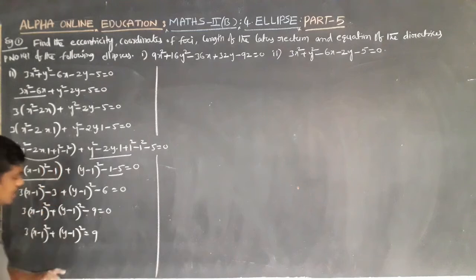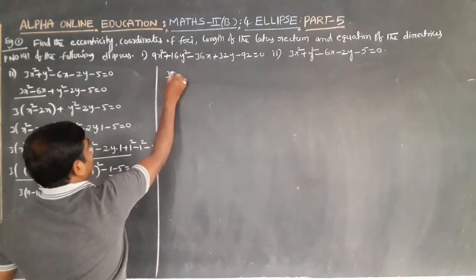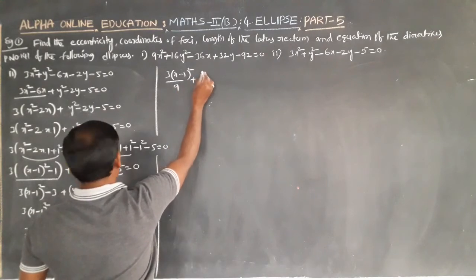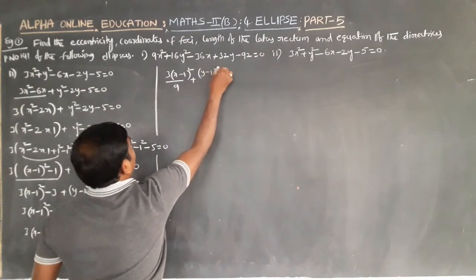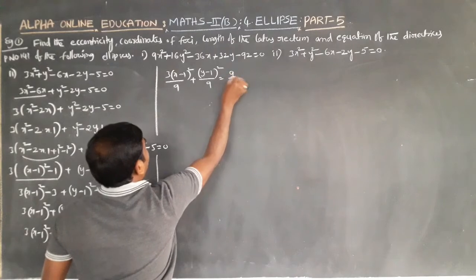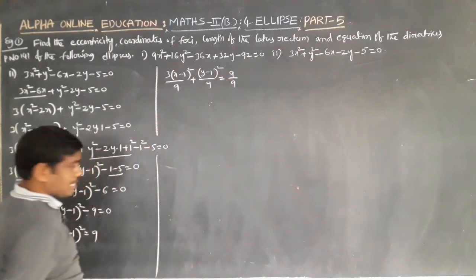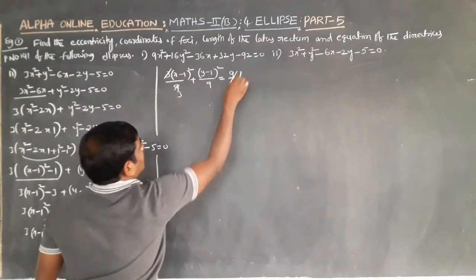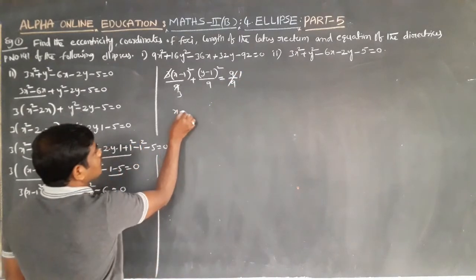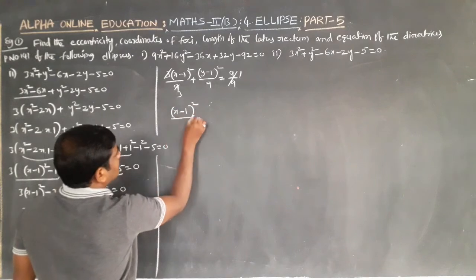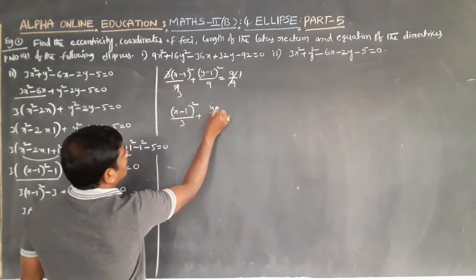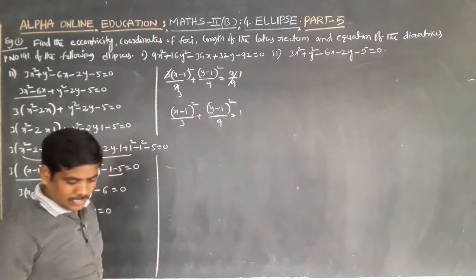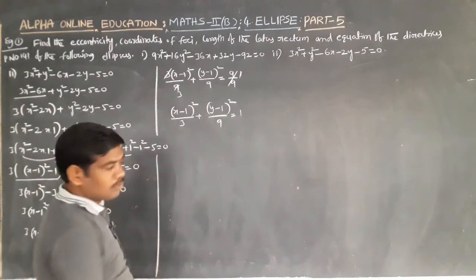Dividing both sides by 9: 3 into (x minus 1)² by 9 plus (y minus 1)² by 9 is equal to 9 by 9. 3 ones are 3, 3 threes are 9, 1 nine is 9. So (x minus 1)² by 3 plus (y minus 1)² by 9 is equal to 1.